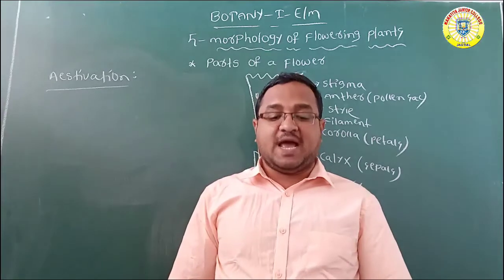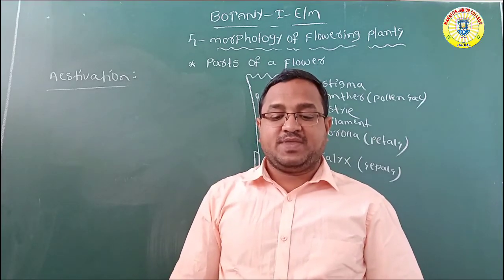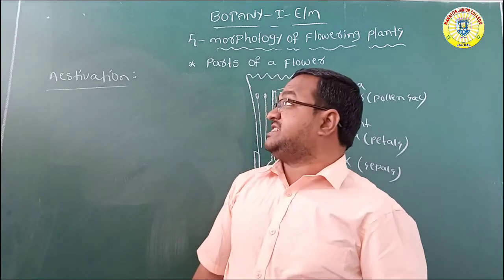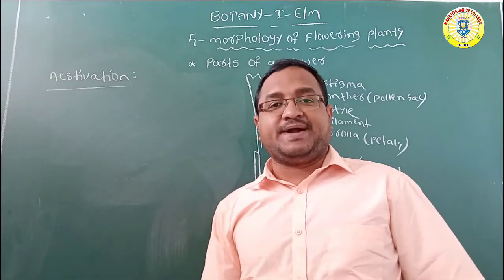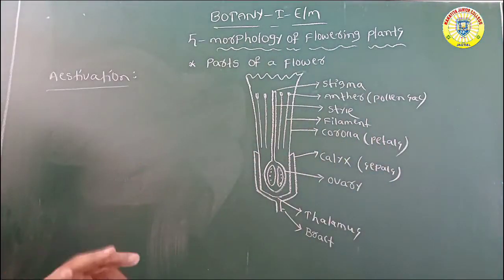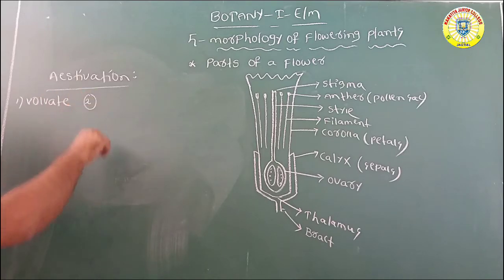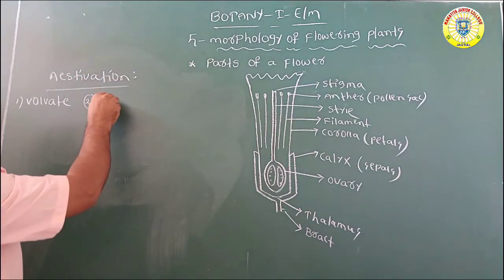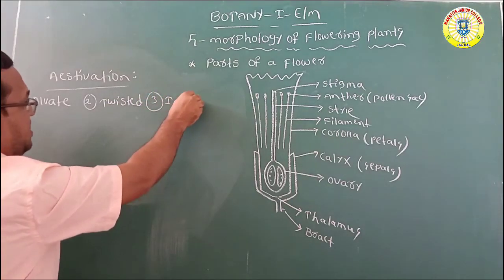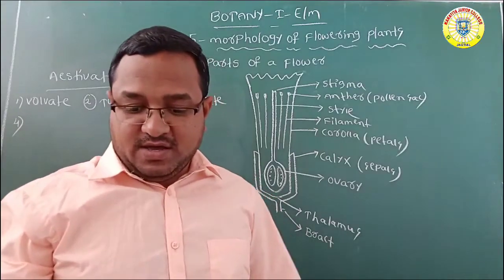This aestivation is mainly of four types. First one is valvate, second one is twisted, third one is imbricate, and fourth one is vexillary.